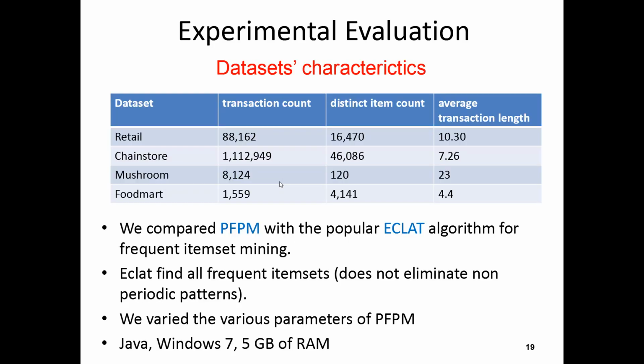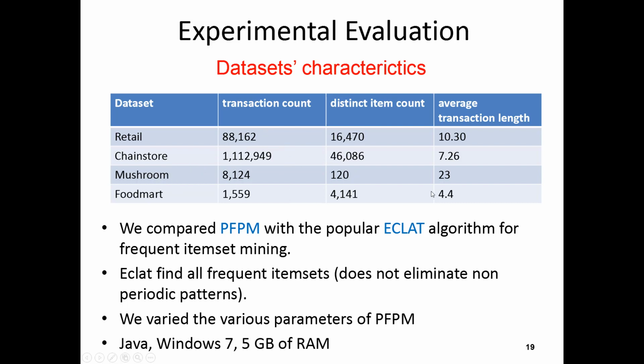Okay, so let me talk to you about some experiments we did to evaluate our algorithm. We use 4 databases used in other papers for frequent item set mining. Retail, chain store, and FoodMart are shopping databases, and mushroom is a database about mushrooms. It's not really relevant for our algorithm, but it is useful to test the algorithm because it's a standard benchmark database and it has different characteristics.